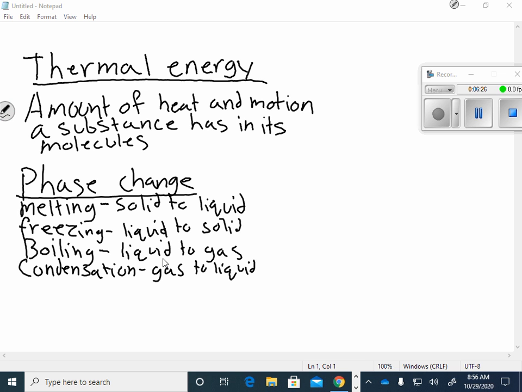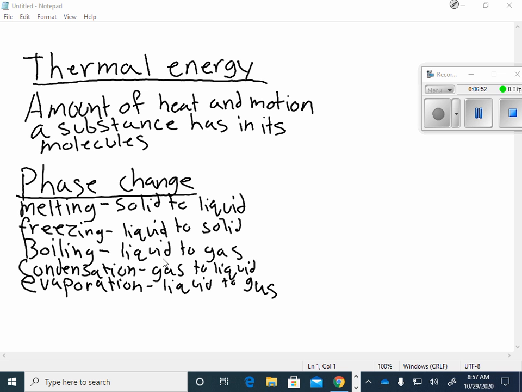So we've got boiling, condensation, and then for liquid to gas, we actually have a second thing that can happen, and that's evaporation. That's liquid to gas as well. Evaporation only happens on the surface of the liquid.